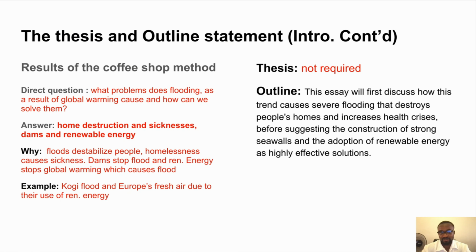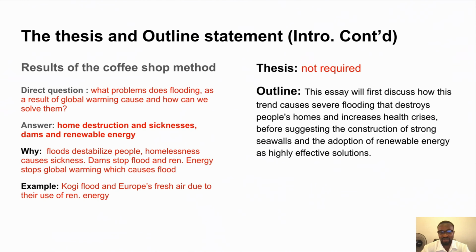You're not going to be scored down because you discussed problems before solutions or vice versa. Now, the outline is this: this essay will first discuss how this trend, the trend of global warming, causes severe flooding that destroys people's homes and increases health crisis, before suggesting the construction of strong seawalls and the adoption of renewable energy as highly effective solutions.